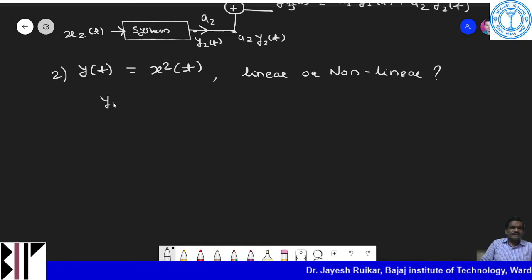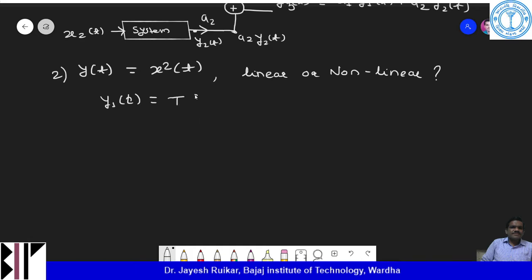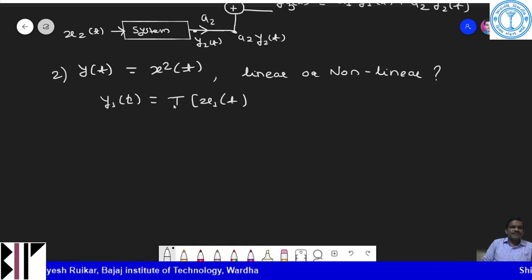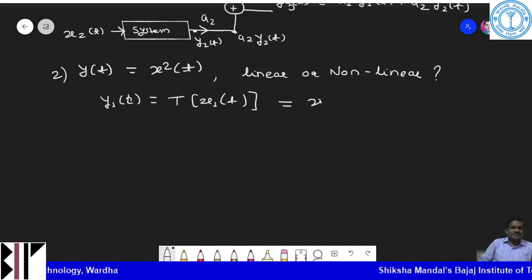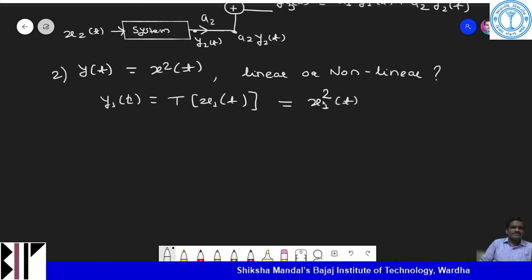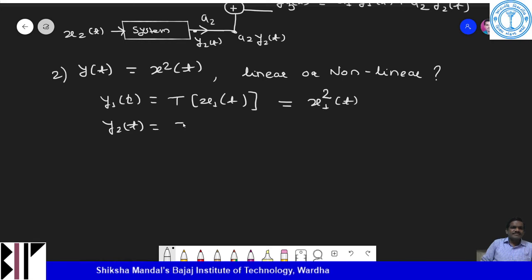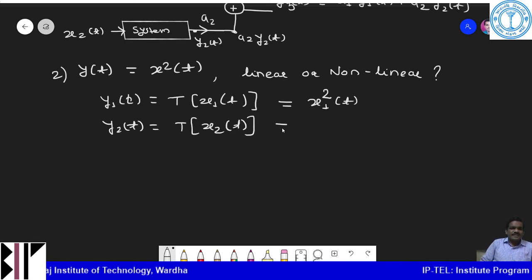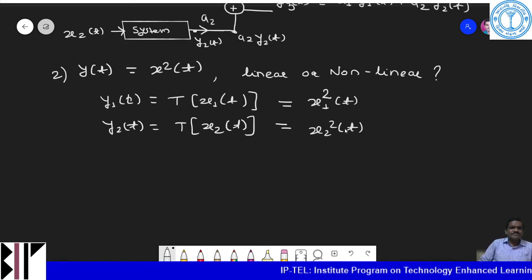When we apply the transformation on x1 of t, y1 of t is equal to x1 square of t. Now y2 of t is nothing but the transformation applied on x2 of t, that is equal to x2 square of t.